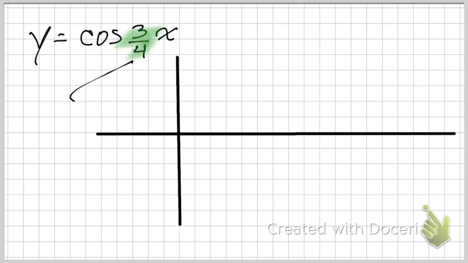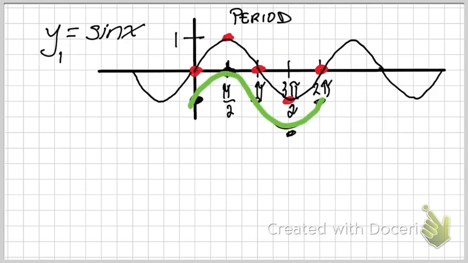Remember back at the beginning, I talked about the period of the function, like from here to here, so the period for one cycle. I use this word period here. Do you remember what that was?